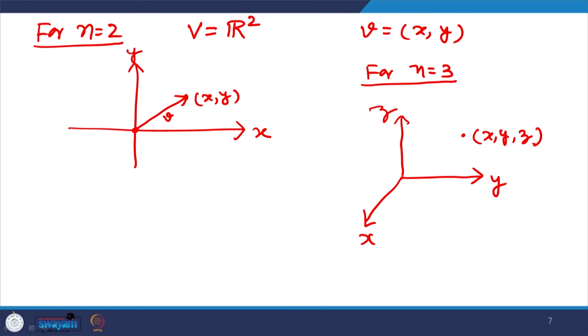Again it will be a line in 3D having its tail at the origin and its head at the point x, y, z. So, this is my vector V equals to x, y, z.